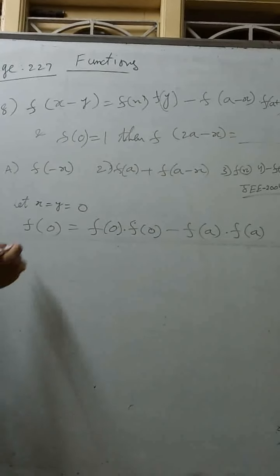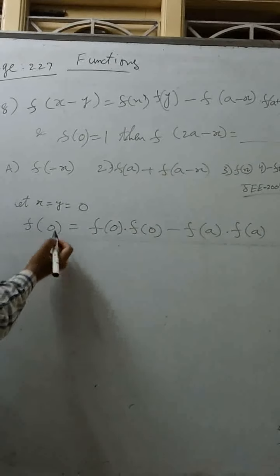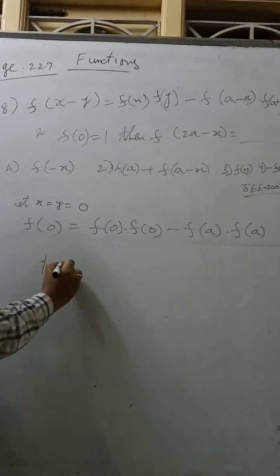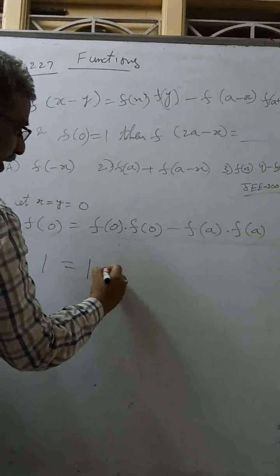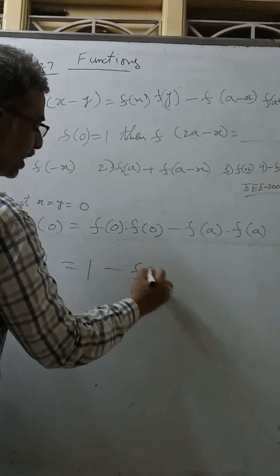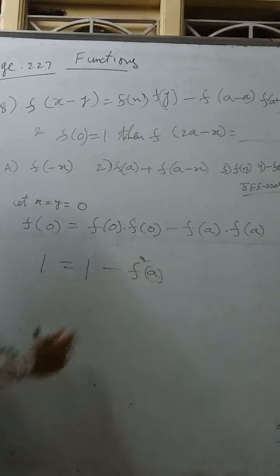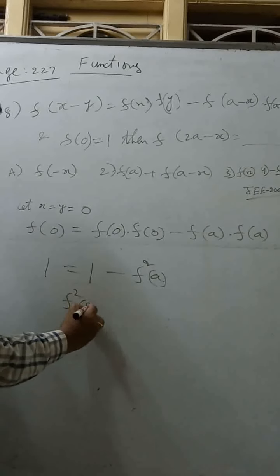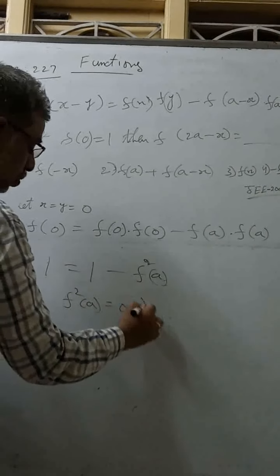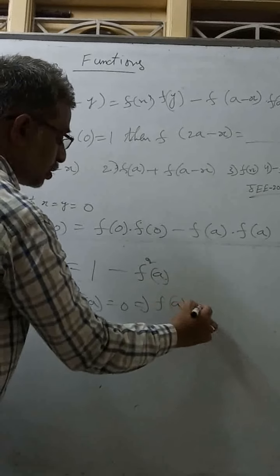Now this becomes f of 0 means 1 equal to 1 into 1 becomes 1 minus f of a into f of a, f square of a. Now f square of a to this side, 1 to that side becomes f square of a equal to 1 minus 1, 0, which implies f of a is equal to 0.